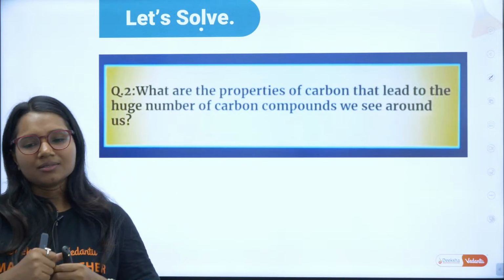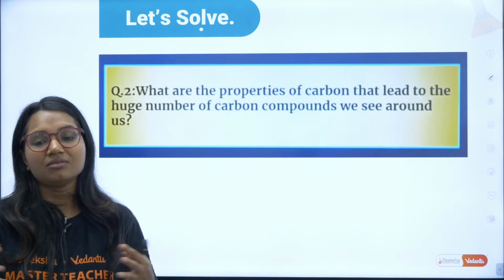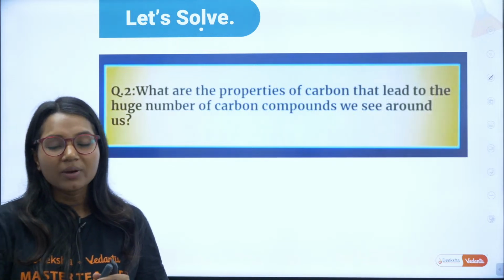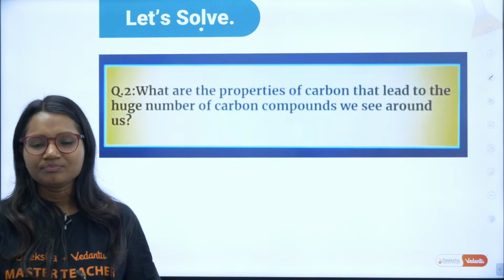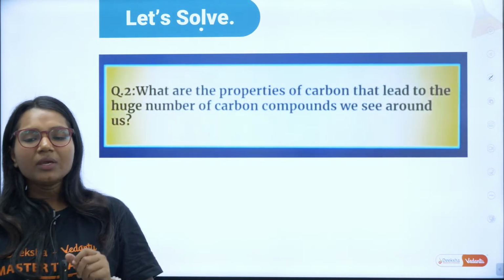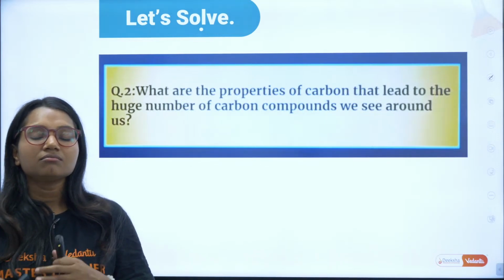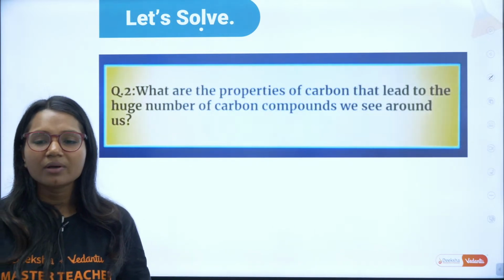So what is the property of carbon which makes carbon so special? There are two properties. Tell me quickly. We have so many compounds of carbon.